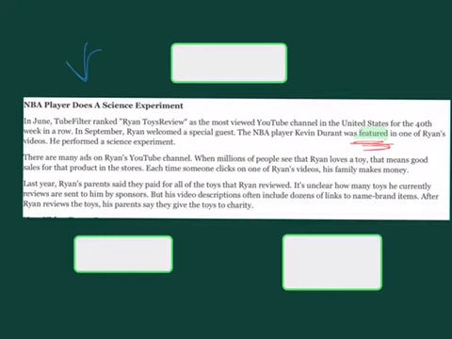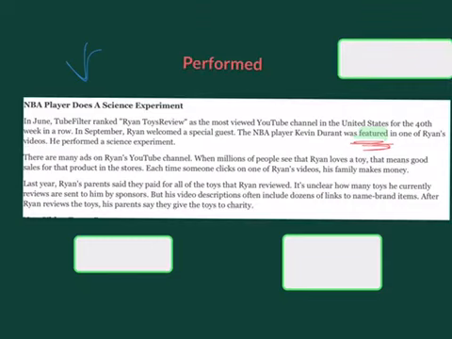I've got 3 different boxes on this video representing different clues that I have found to relate to the meaning of this word, and we're going to go through them one by one. The first clue I uncovered was the word performed.